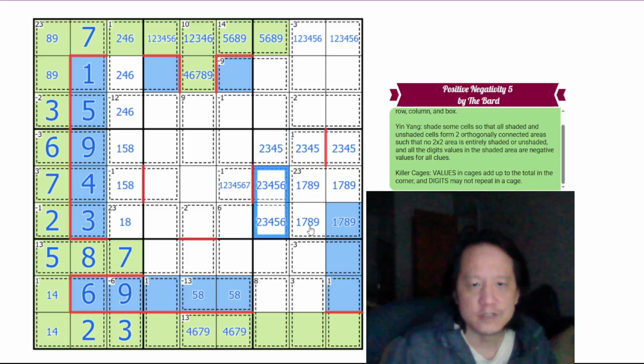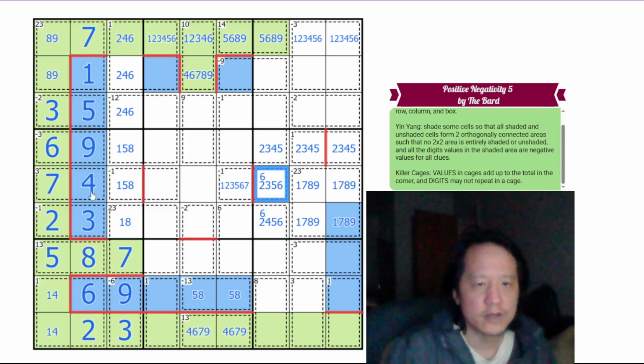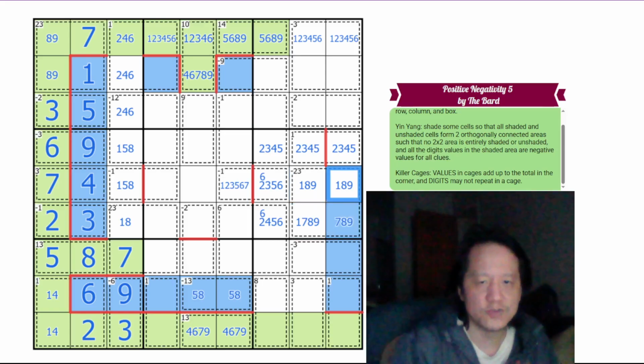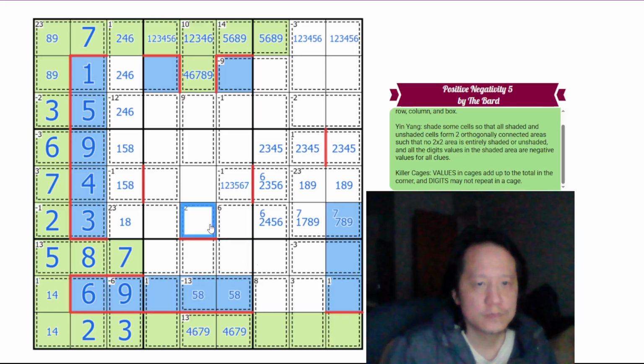So one of these digits here is a 6. This cannot have a 4. You can't have a 3 here. This 7 eliminates 7 here. Oh, this is a negative digit, so it cannot be 1. So one of these two is a 7 here.